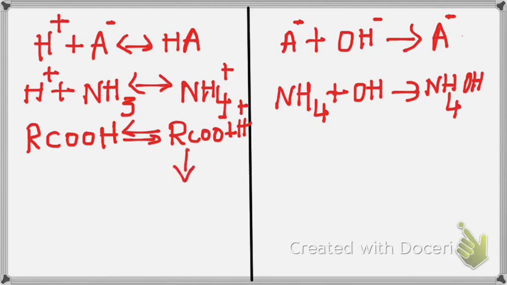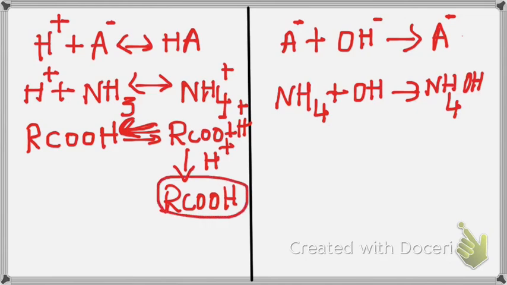So it picks up the proton and converts into the unionized form. So the equilibrium is more towards the left side. So more amount of drug will be in the unionized form. So the unionized form of the drug is better absorbed in the acidic medium.